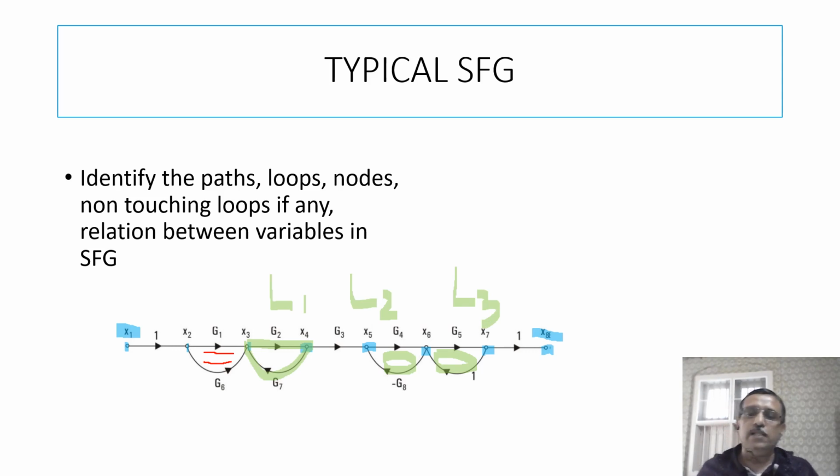What about L2 and L3? It is touching. Why? Because node X6 is in common. So let us go to the next slide. How many forward paths are there? So this is one forward path.